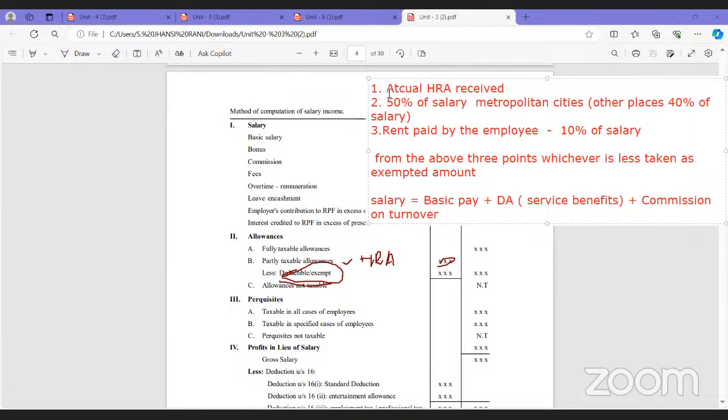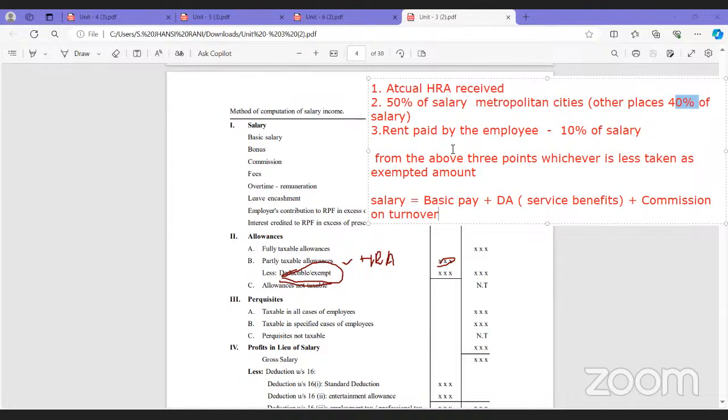Commission on turnover means the commission given on our total sales. So salary here means basic pay plus DA, that too only if it counts for retirement benefits, plus commission on turnover.